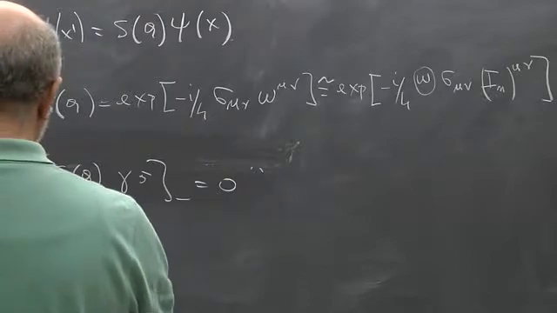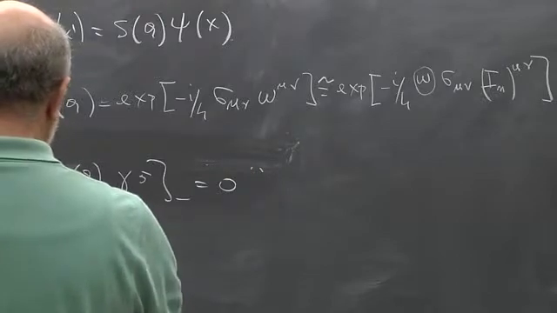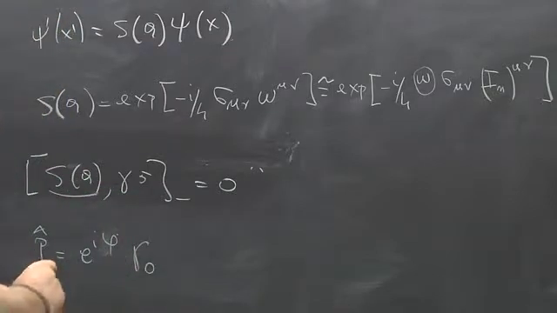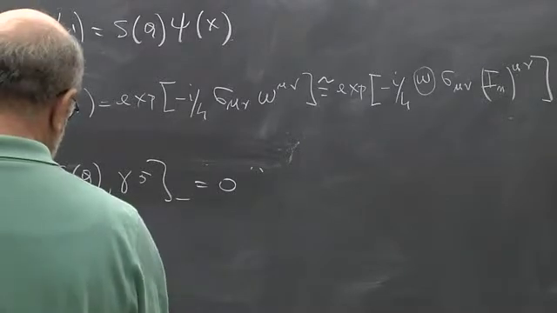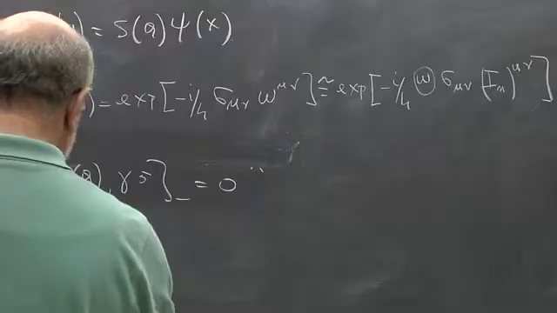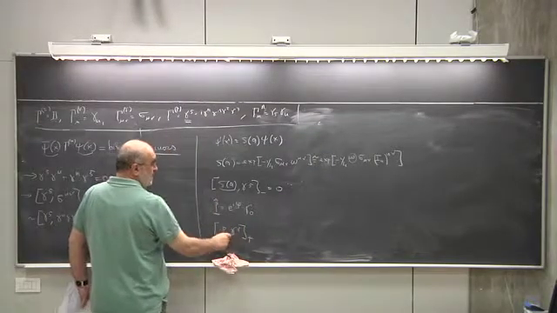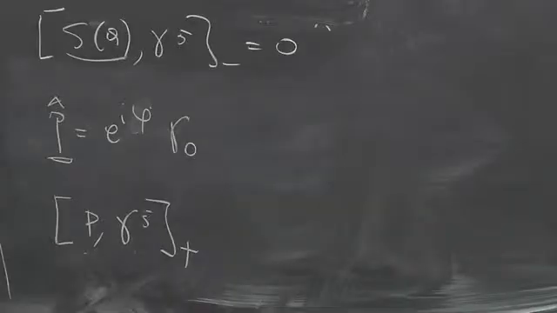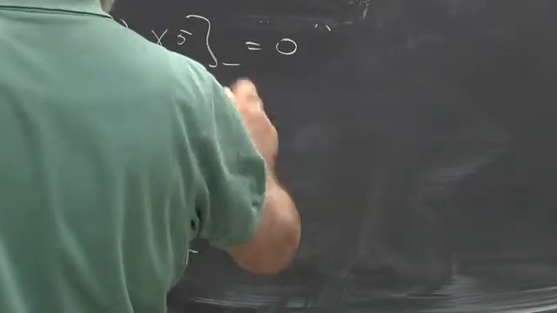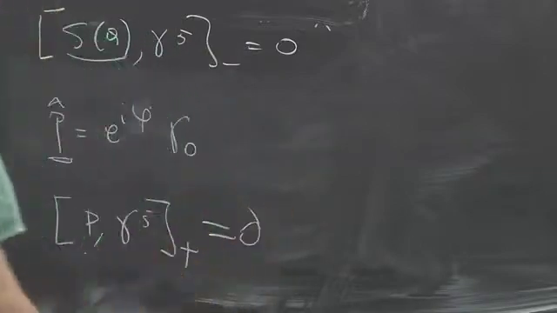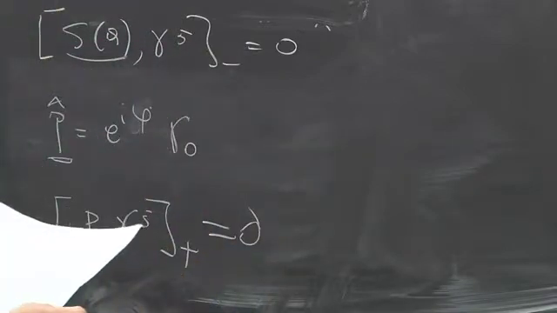The space reflection was A phi gamma 0. Now we can ask, as these commute with the Lorentz, what happens with the P? Well, with the P it anti-commutes, because this is made of gamma 0, and gamma 0 and gamma 5 anti-commute. So this is the commutator, with the minus, this is the anti-commutator.